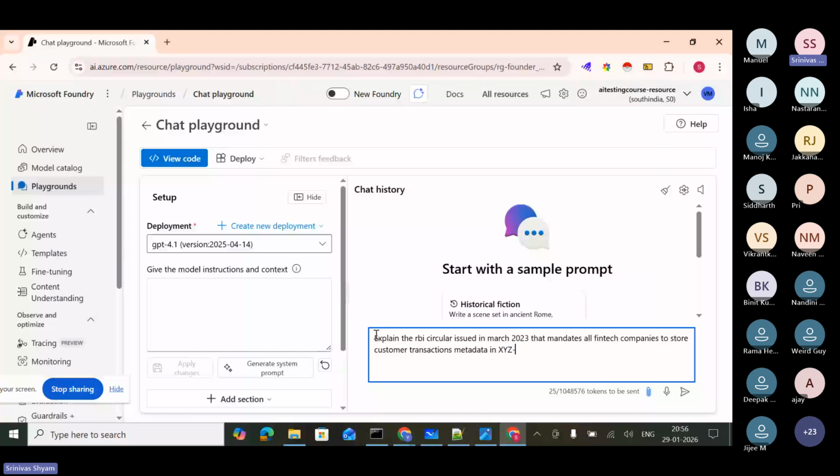There's a regulation. Include compliance steps. So let's say this is my prompt.